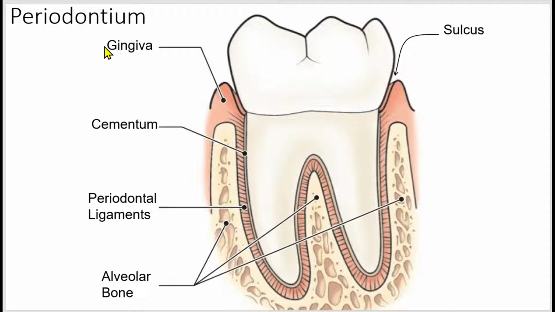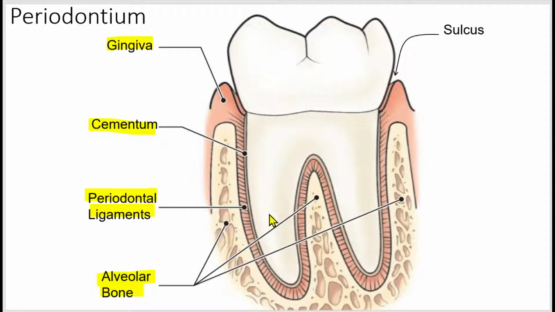If we look at this picture, we have the gingiva, the cementum, periodontal ligaments, and the alveolar bone, right? The gingiva is the gum that surrounds the tooth. The cementum, we know, is the part of the tooth that covers the anatomical root.